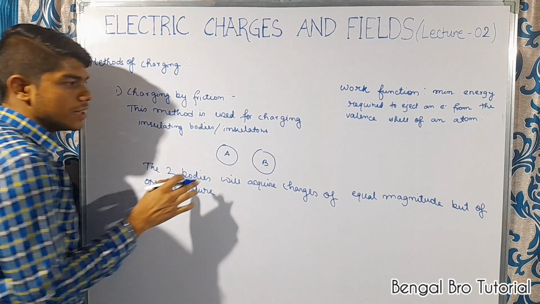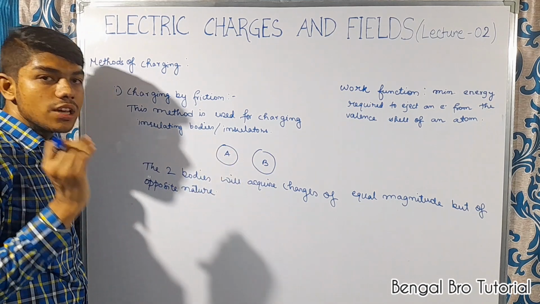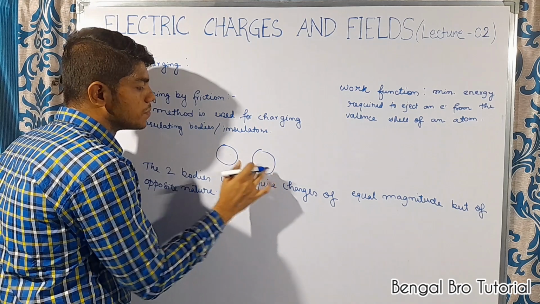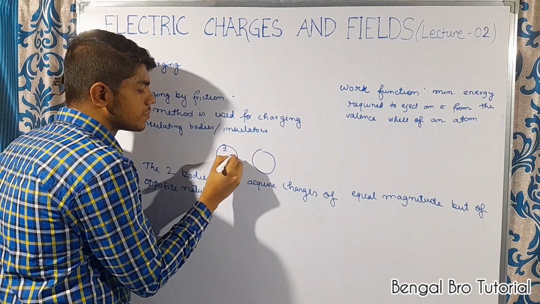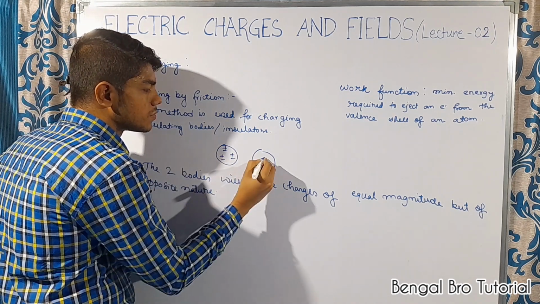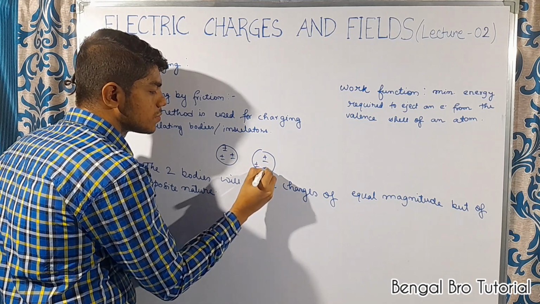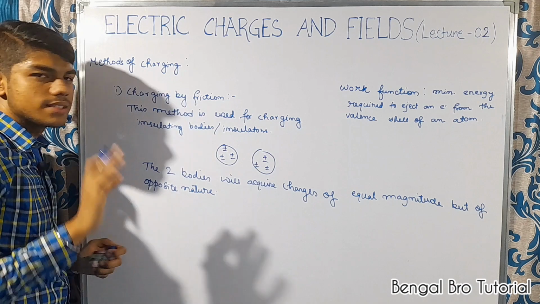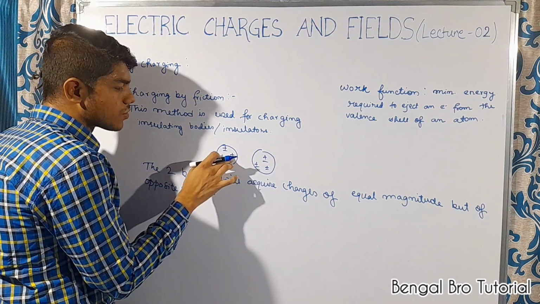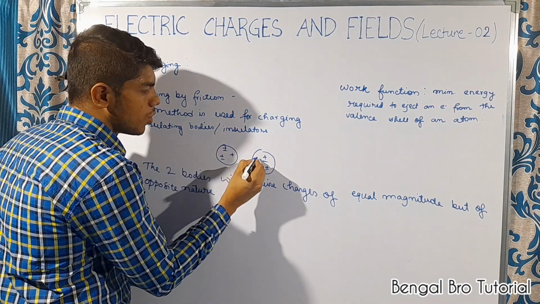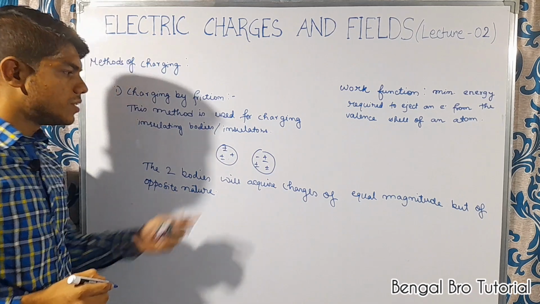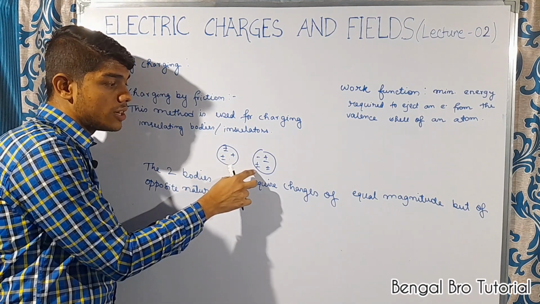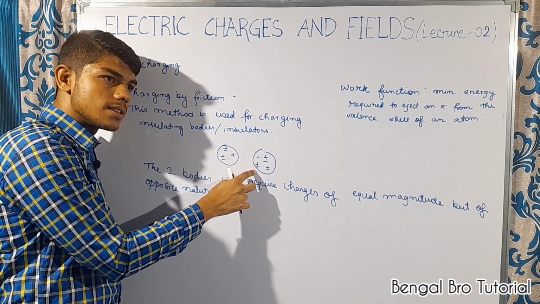Initially both these atoms will have an equal number of protons and electrons, and they will be neutral. Now, when you rub these two bodies, imagine that this electron is getting transferred to this body. Now, this body has one electron deficient, and this body has one electron excess.